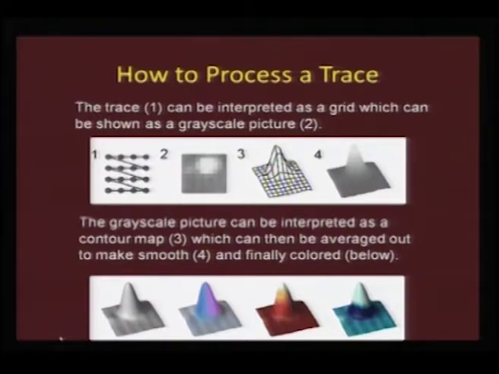This is the protocol that you usually use when you try to map a surface. First, the trace can be interpreted as a grid, and then this is converted into a contour map like this, and after that you can try to get images of the desired color or shape.